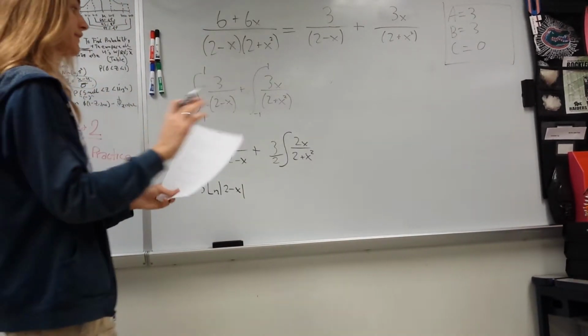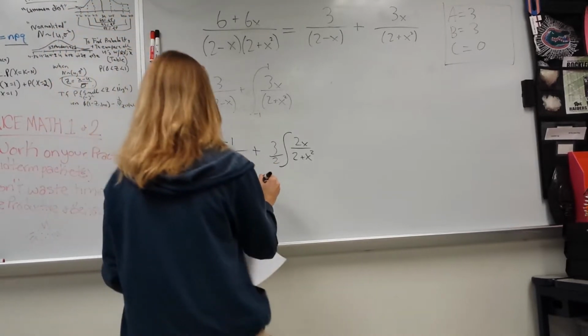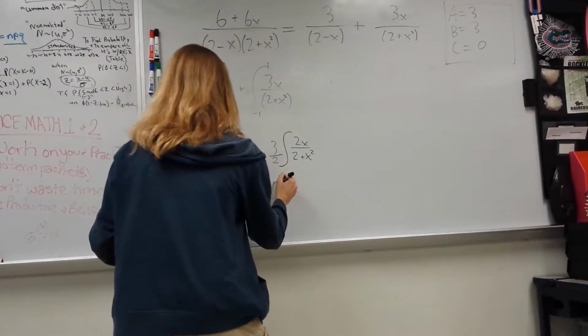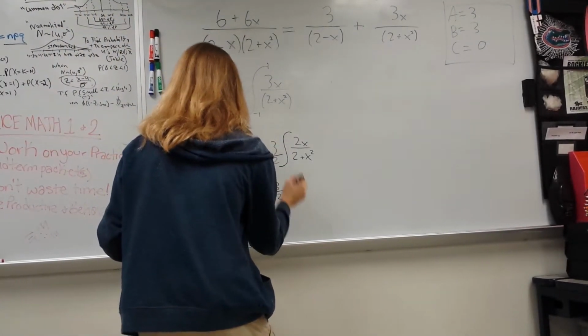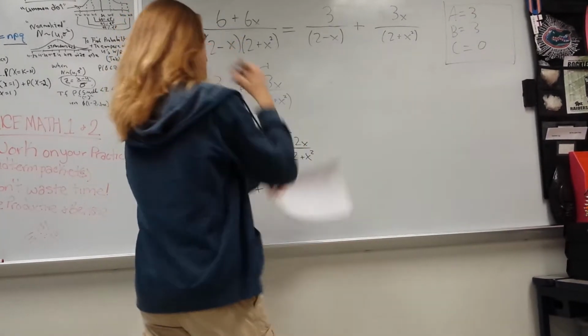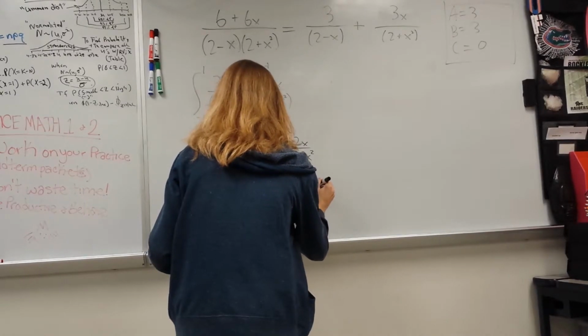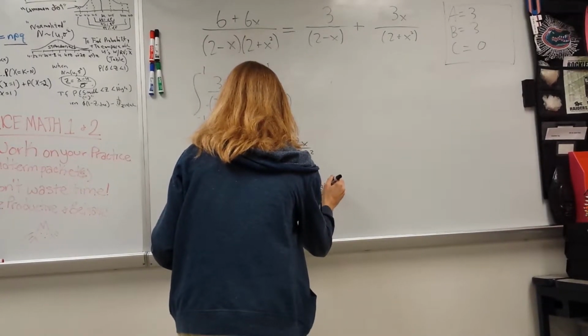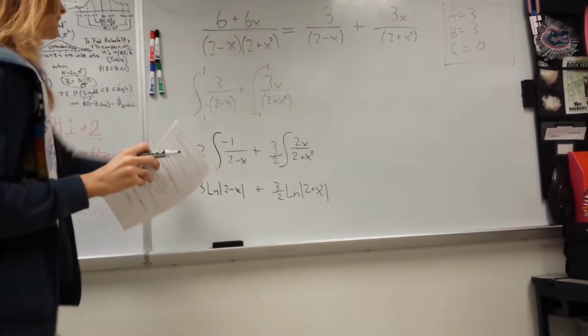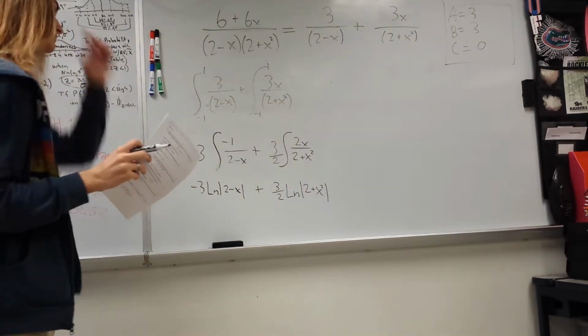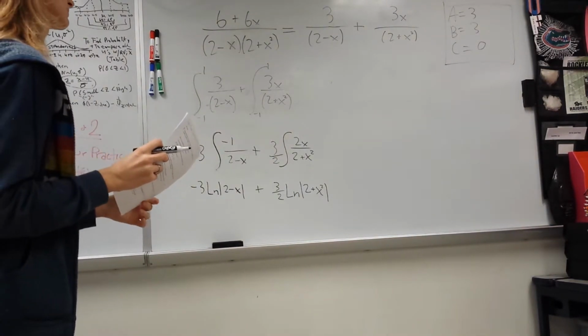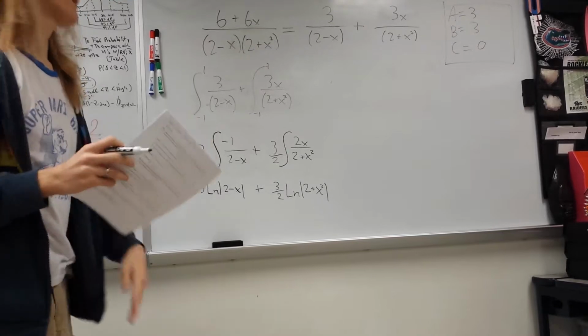So we're not changing the value at all. So plus, this carries down 3/2. This is now a du over u, so we can say ln of 2 plus x squared. And now we have integrated it. That one is always going to be positive, so you don't need the absolute value.